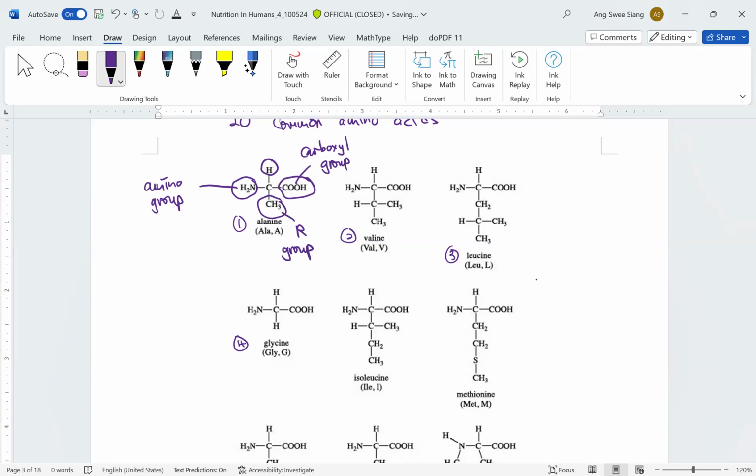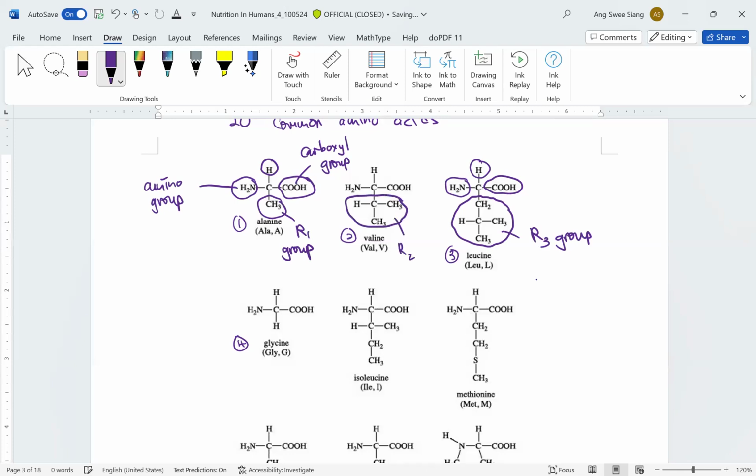Then if you look at another example, again you have the amino group, the carboxyl group, then the hydrogen, then the R group. If I label this as R1, this as R3, then this one will be R2.